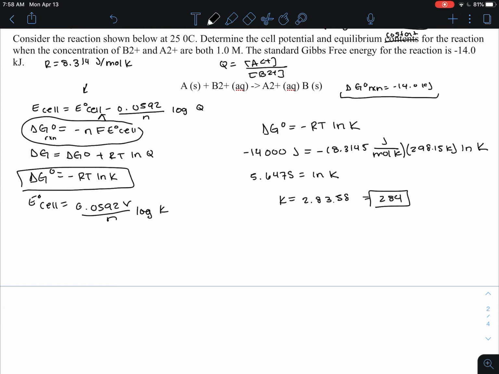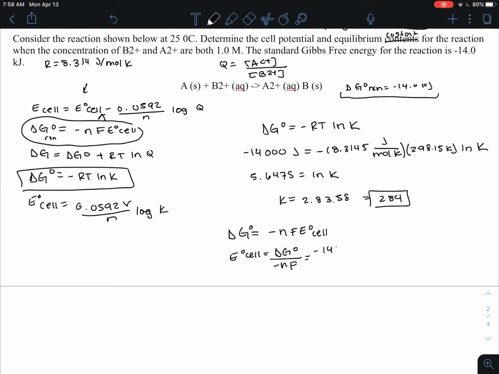All right, so now we want to solve for the other cell potential. So then we want, okay, delta G is equal to, and if I'm solving for E cell, my delta G standard would be negative NF.